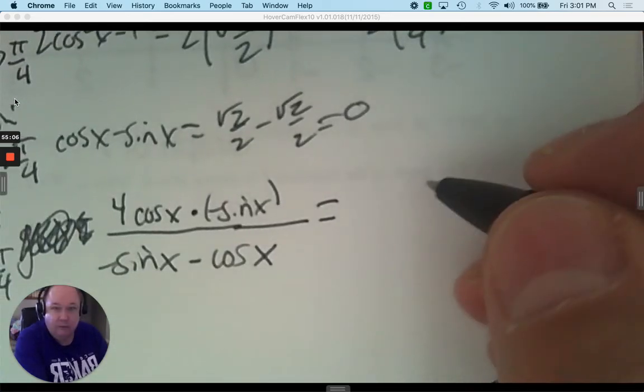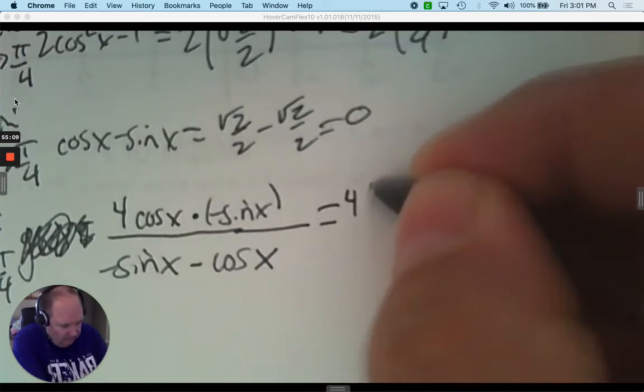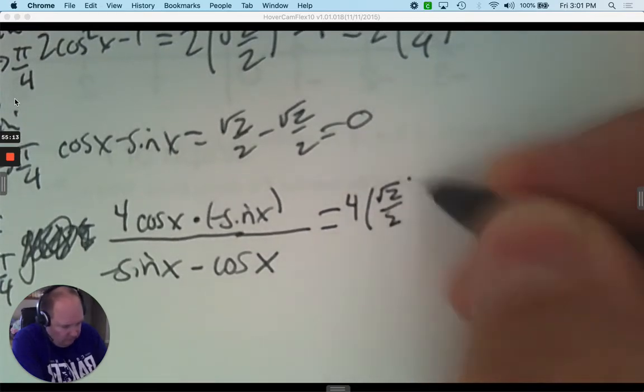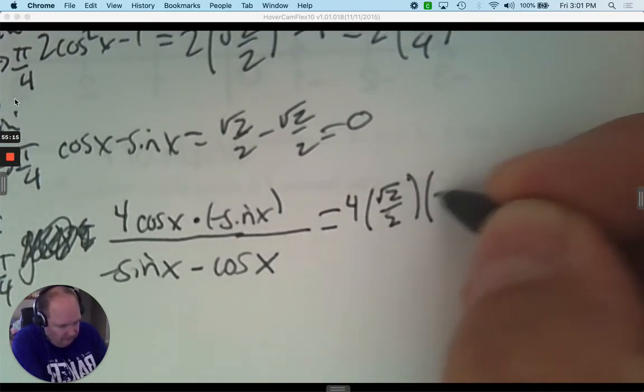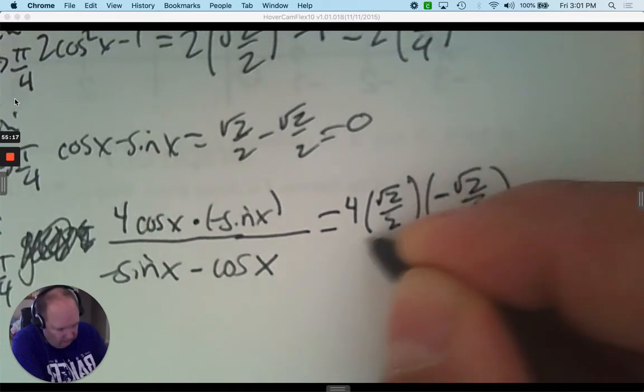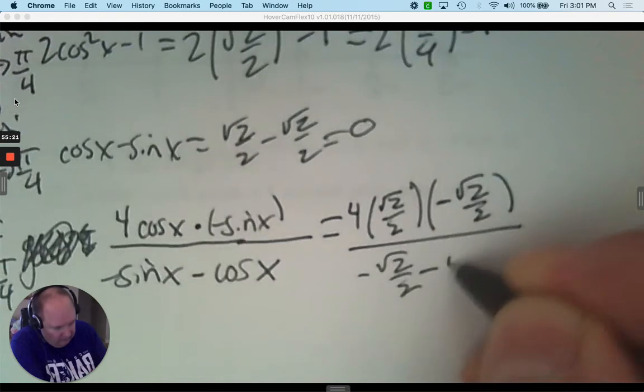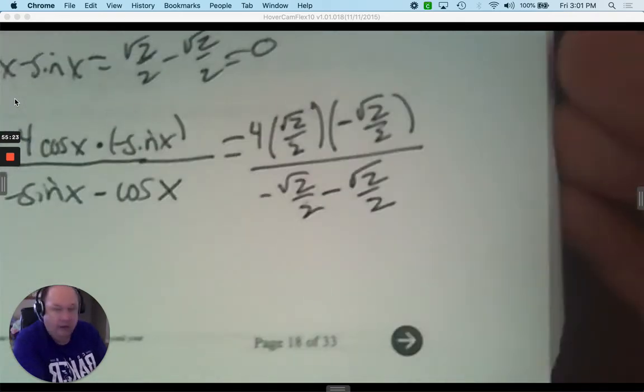So if I did the work here, cosine of pi over 4 is root 2 over 2. And then negative root 2 over 2. Here we have negative root 2 over 2 and negative root 2 over 2. All right.